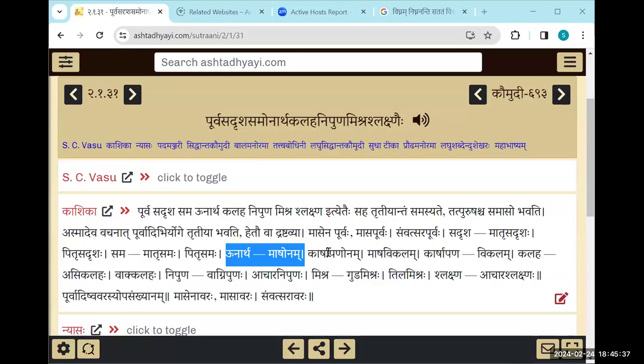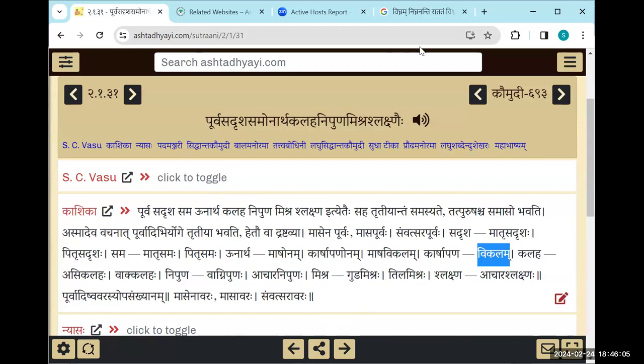Then karshapanonam. What is karshapana? Again, a coin, a particular value. Less by that. So suppose you're doing price comparison: oh, it's cheaper by so much. That will be unam. Similarly, now he's saying not just unam, you can use the word vikalam.